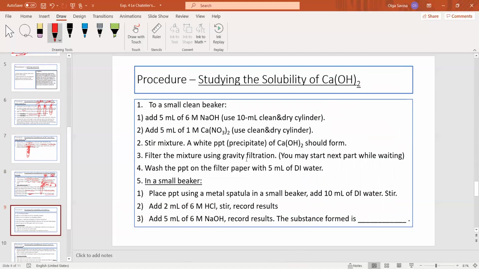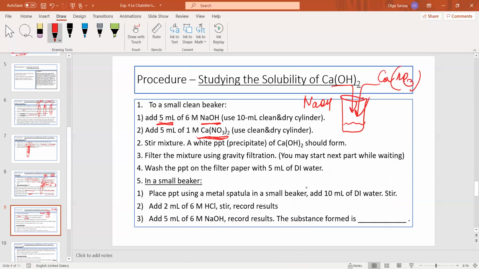Next, studying solubility of calcium hydroxide. To a small clean beaker, we have to add 6 molar solution of sodium hydroxide, 5 milliliters of it in a beaker. We add in sodium hydroxide and we add in calcium nitrate.